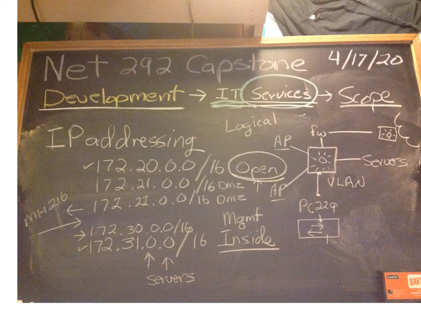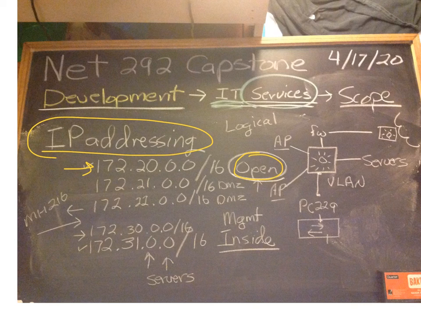So here's our current IP addressing. We have this network we're still using, we'll call it open. Inside here, we have access lists inside the multi-layer switch.